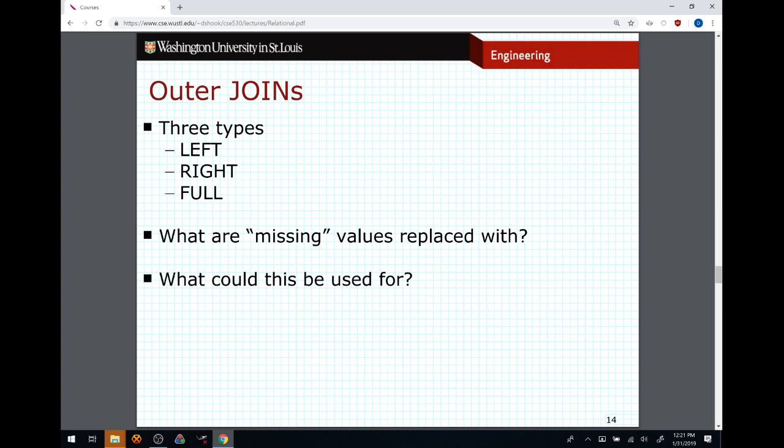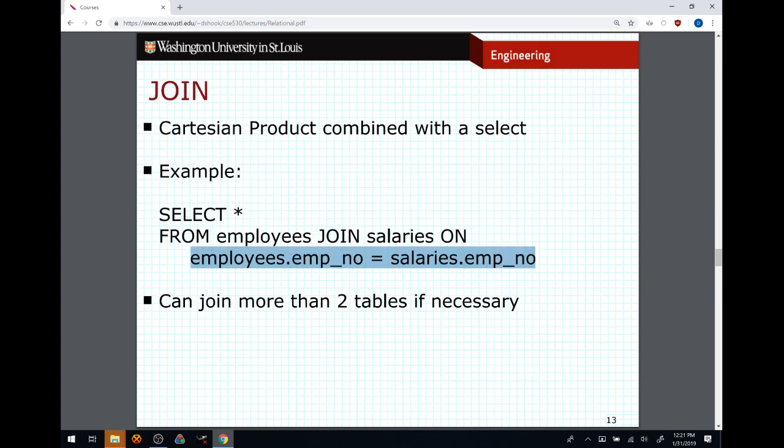Now I mentioned before, there's really only two outer joins that are used in practice. The right outer join is almost never used. If you really want to do a right outer join, what do you do? You flip the order of the tables and you use a left join. That's just a convention. There's no rule. The database doesn't care.